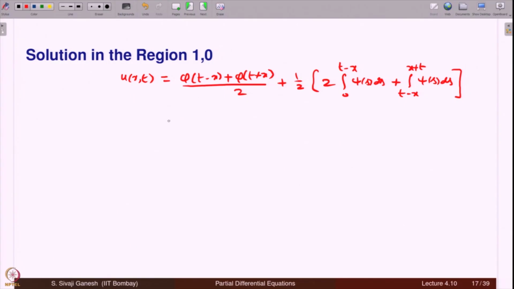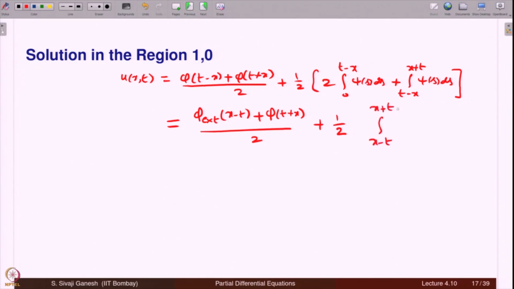Now, here I would like to extend phi. So, let me write phi of x minus t here. t plus x is in 0 1, there is no need to extend. So, I just simply use phi here by 2 plus 1 by 2, and here what I would like to have is the integral from x minus t to x plus t of psi, extended.